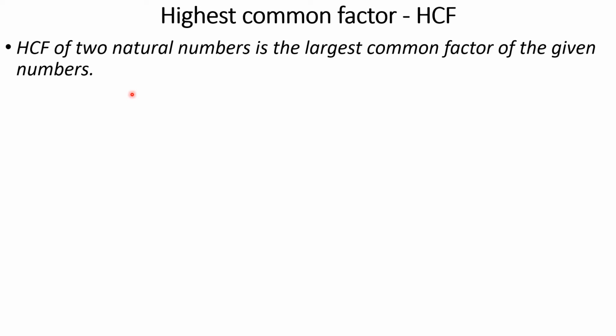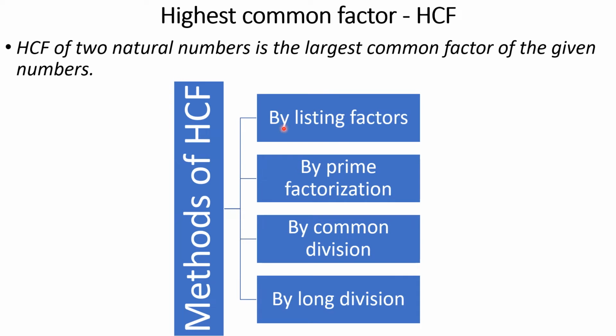It means we have to find out factors and among them common factors, and then the largest common factor is the highest common factor, or we can say HCF. And there are various methods to calculate HCF: by listing factors, by prime factorization, by common division, by long division. So we will learn all methods in this series.